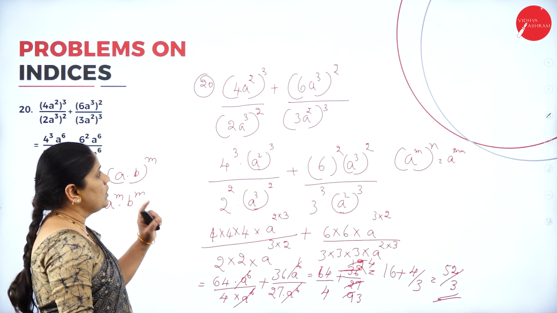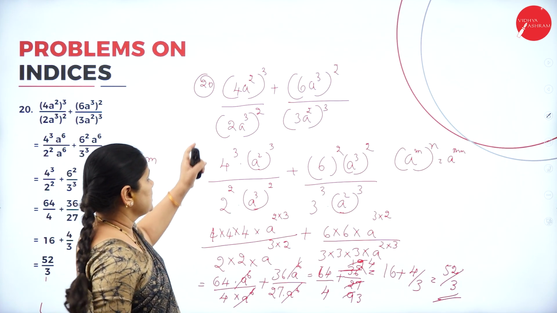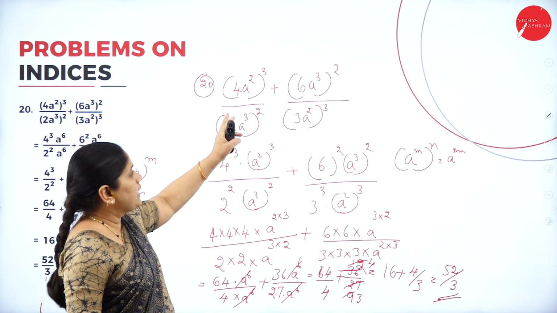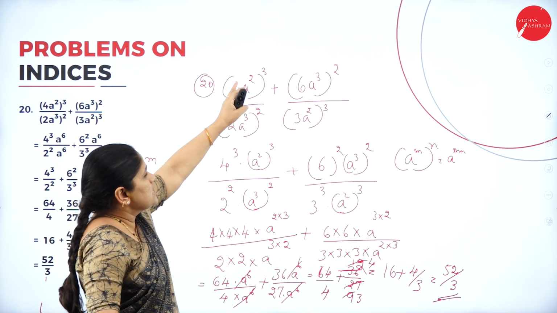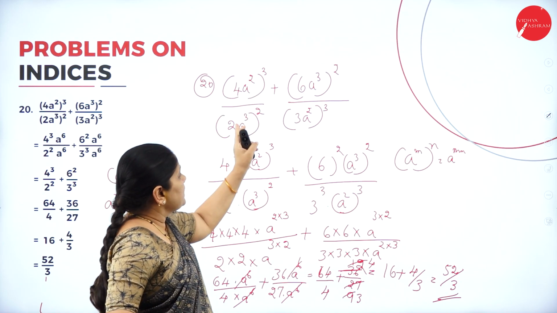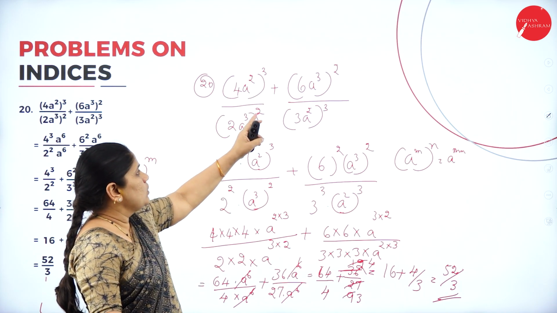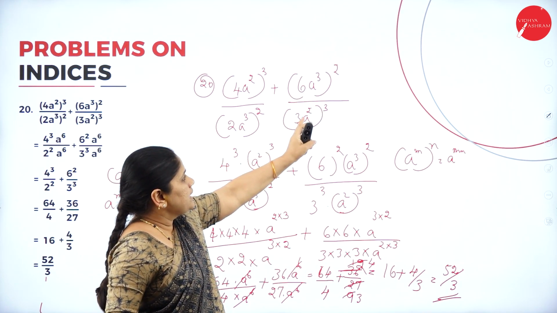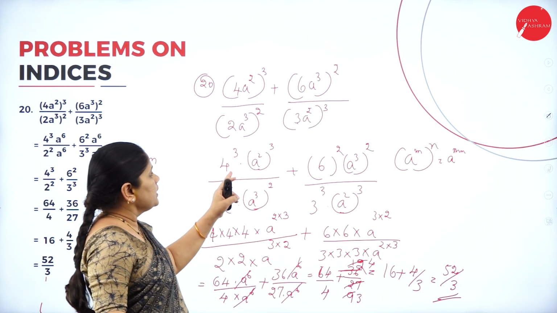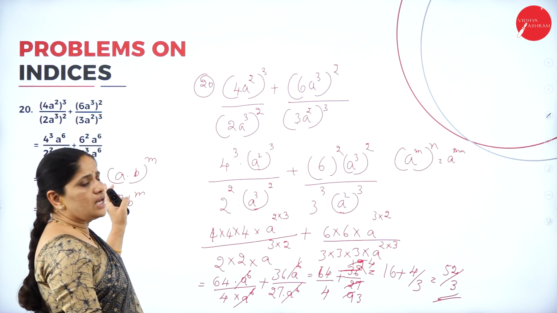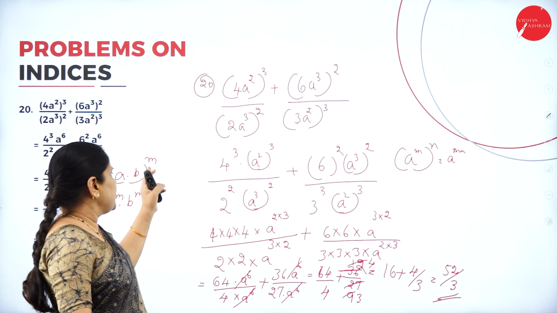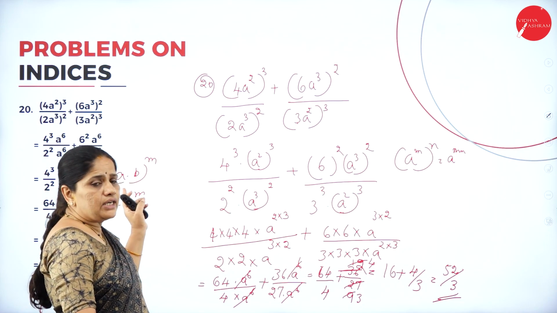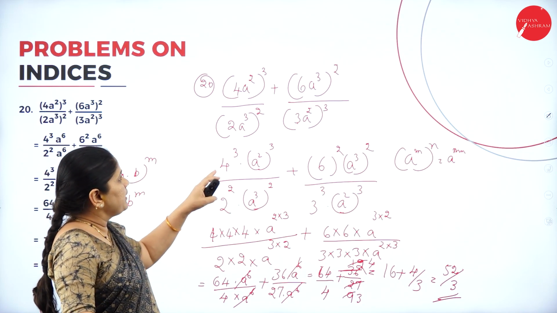So, hope you have all understood this session here. If needed, I'll give you a repetition here. So, (4a square) the whole cube divided by (2a cube) the whole square plus (6a cube) the whole square divided by (3a square) the whole cube. So, when I use this law of indices, (ab) to the power of m will be a to the power of m into b to the power of m.